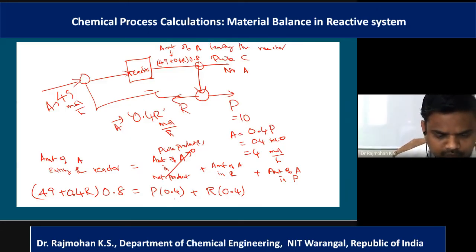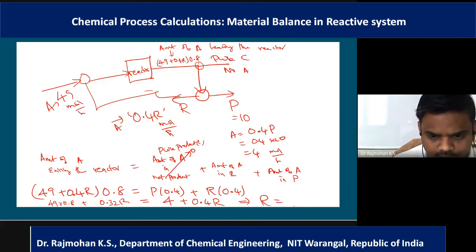So you can simplify to get the value of R. The P value is known, so we can write 4 plus 0.4 R. On the left, 49 into 0.8 plus 0.32 R equals this.